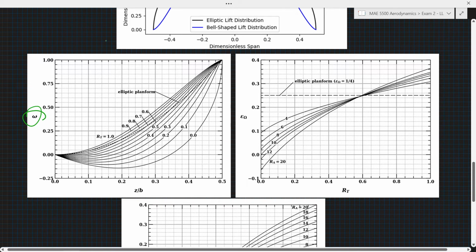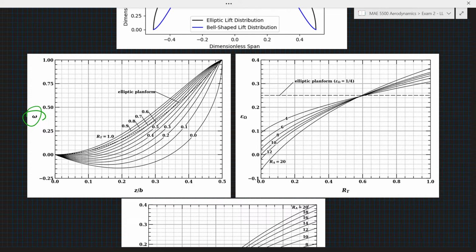And you can see down here what that does to all our kappa coefficients. Over here we've got omega, so this is our washout distribution, and you can see it as a function of taper ratios as well as for the elliptic planform. Something to note about that is that the elliptic planform is not optimized to produce minimum induced drag.